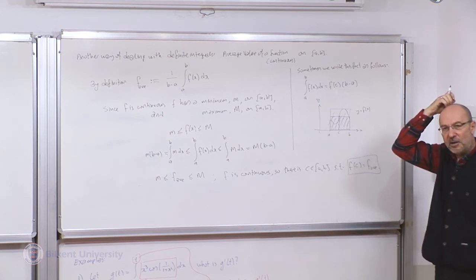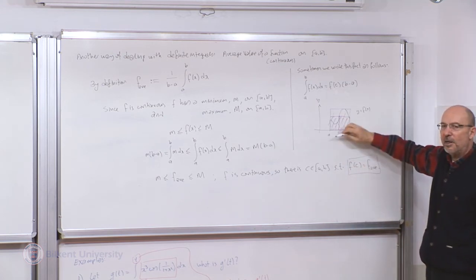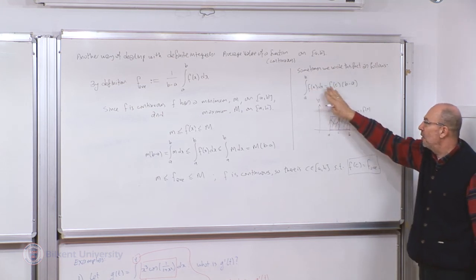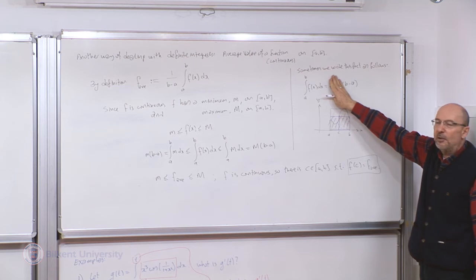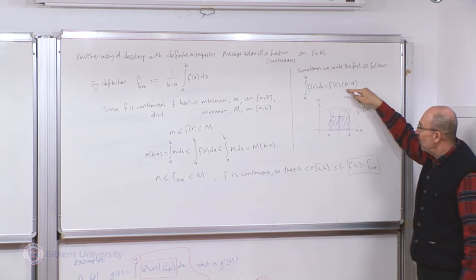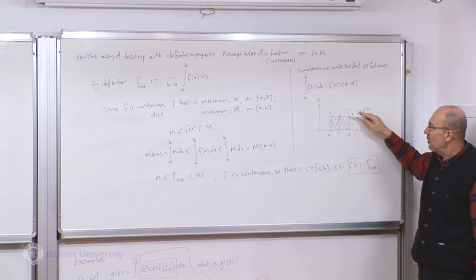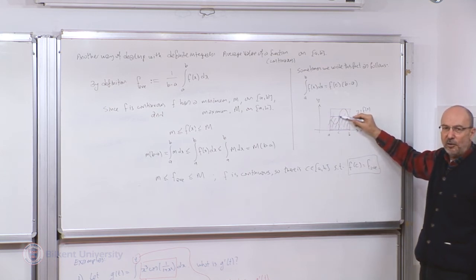If f is not continuous, I can still play this game, but instead of f of c, I say that this integral is equal to some number times b minus a. That's obvious. But the top of that rectangle will be a straight line like this. Does that straight line intersect my curve or not?